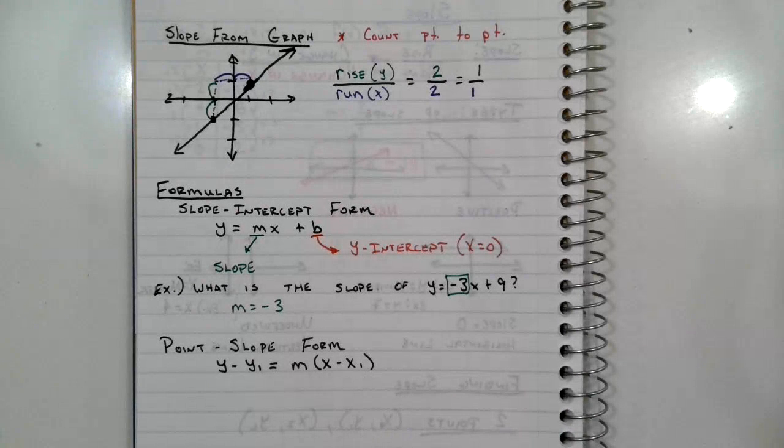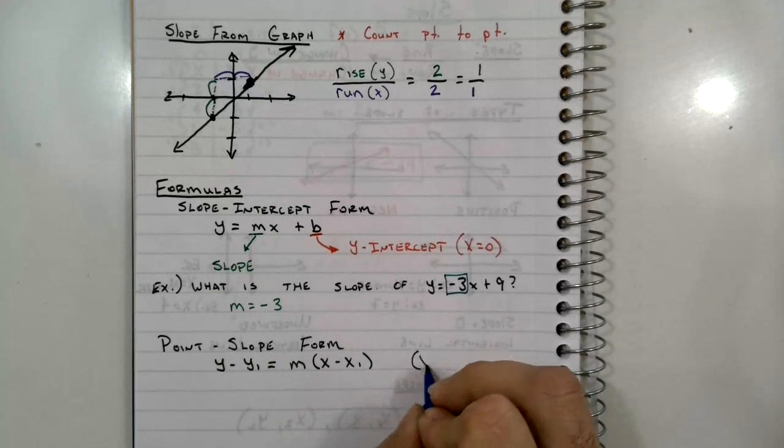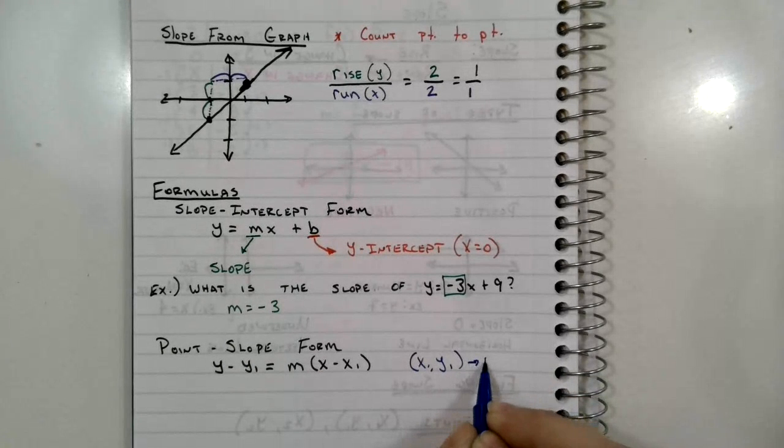This is when you just have 1 point, and the slope, or they just give you 1 point, and they want you to find the slope. Okay, and this can be done here. All right, so basically again here, your x1 and y1, this is obviously a point.